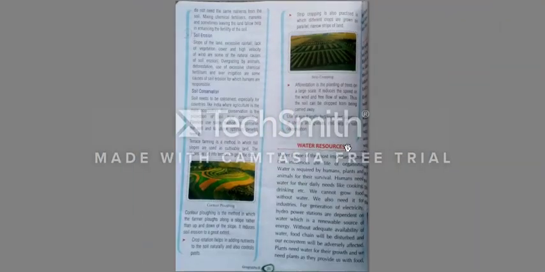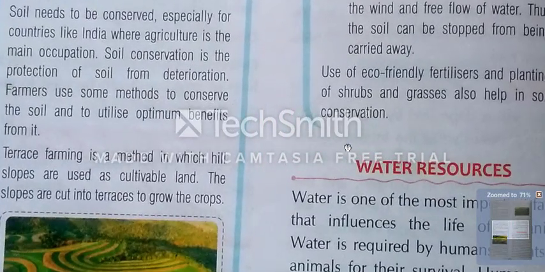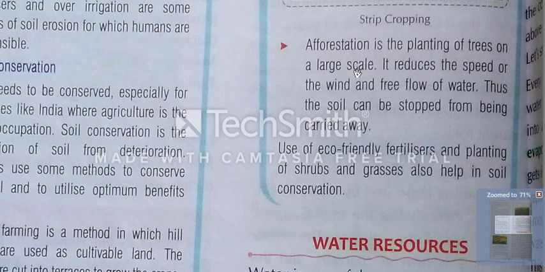Now we will see afforestation. Afforestation is the planting of trees on a large scale. It reduces the speed of wind and the free flow of water.